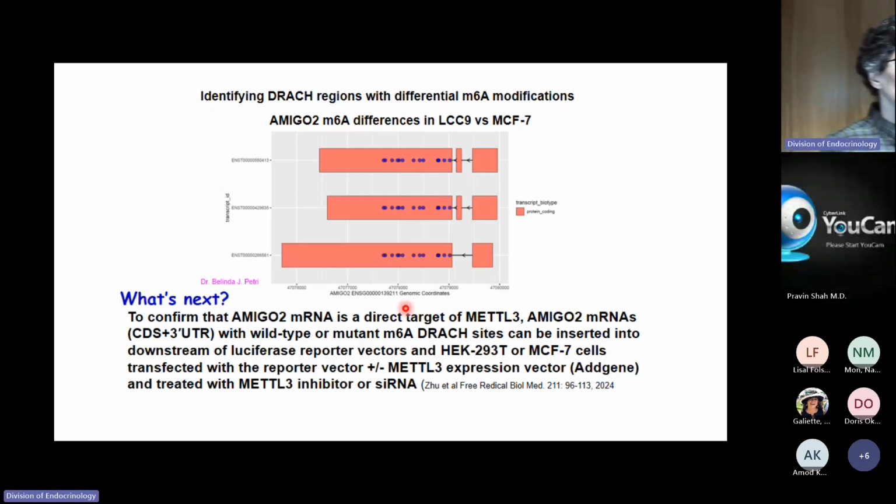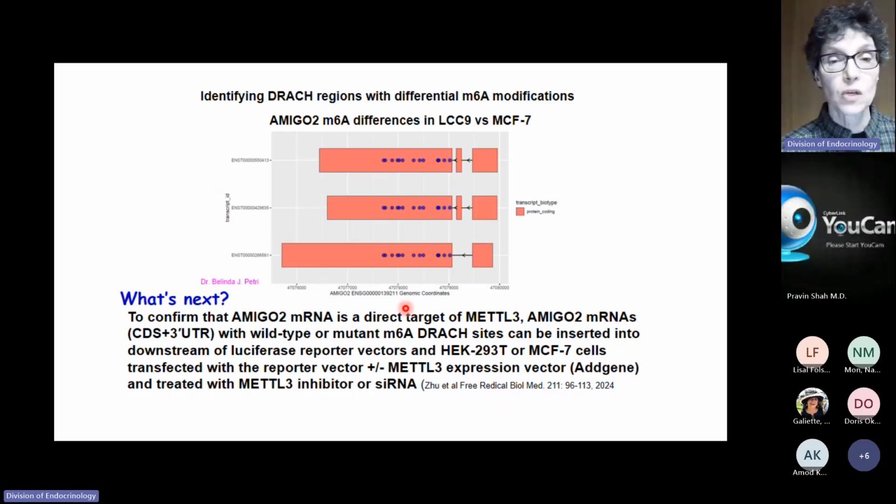So what's next? Well, we need to confirm that AMIGO2 mRNA is a direct target of METTL3. And so what I want to do is take AMIGO2 mRNAs, the coding sequence plus the 3' UTR, with either wild type or mutant m6A within that DRACH motif. And I can insert that downstream of luciferase reporters. I showed that dual luciferase reporter, so we can put it downstream of the Firefly luciferase.